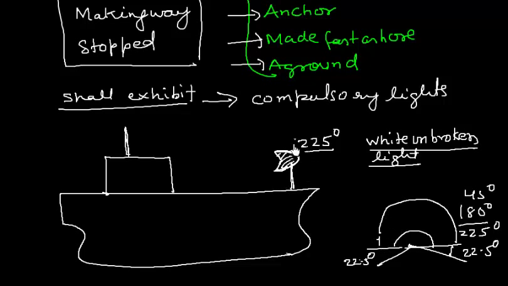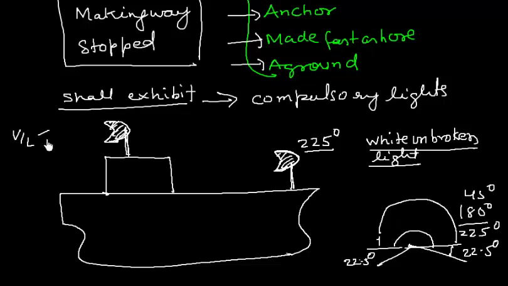So the first light is the forward masthead light, this one, and the second masthead light is abaft of and higher than the forward one. So the second masthead light will be somewhere here. A vessel of less than 50 meters in length shall not be obliged to exhibit such a light, but may do so.